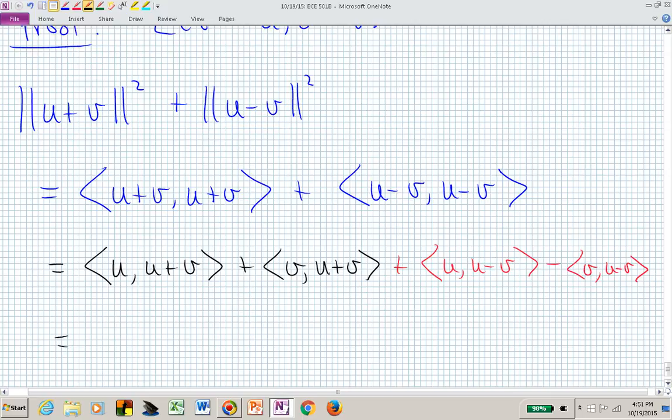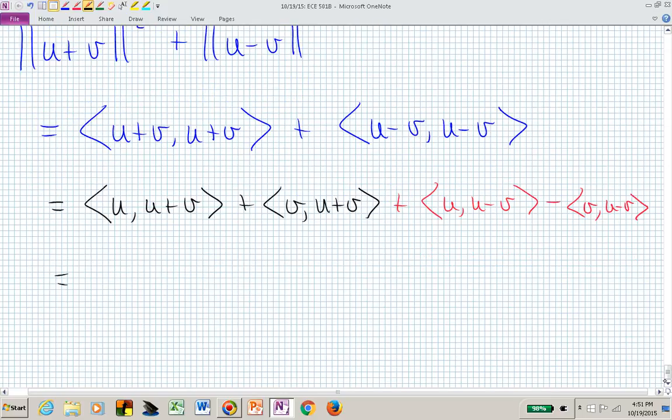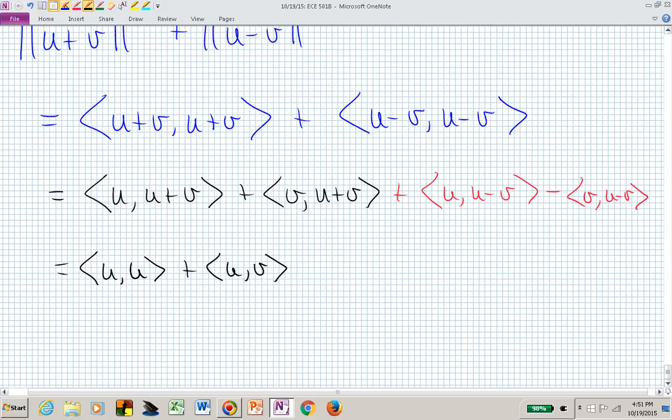Is it true? So now each of these can be written into 2 because we have additivity of the second slot. So that now the first term becomes u with itself, inner product, plus u with v. Then the second piece becomes v with u, inner product, plus v with v.